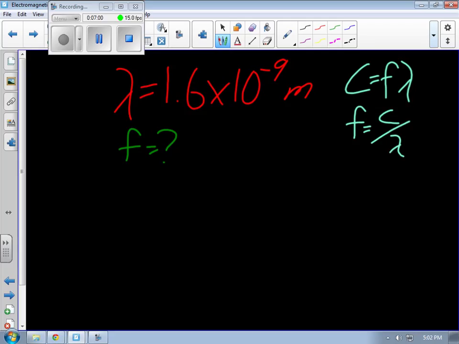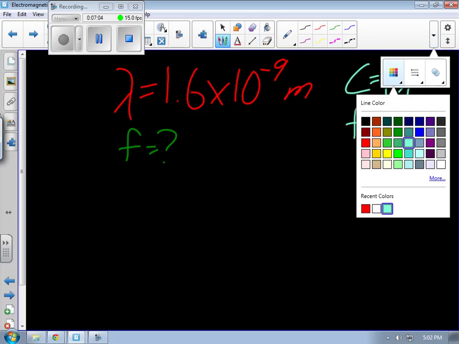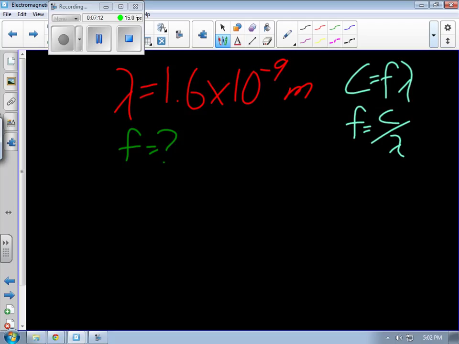And the next step in this process is to start plugging in our numbers for the equation. So my frequency is equal to 3 times 10 to the 8th meters per second.